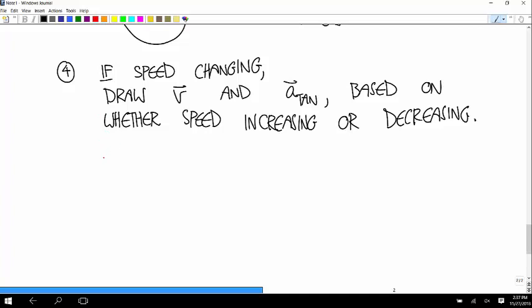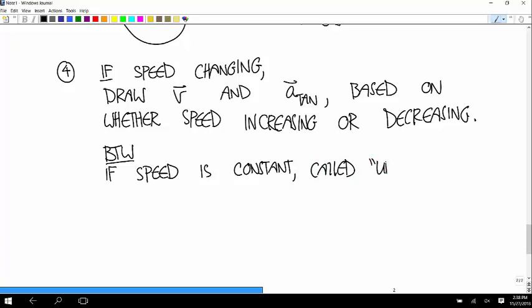By the way, if the speed is constant, the motion is called uniform circular motion.